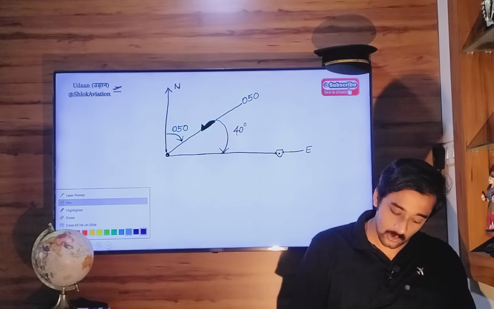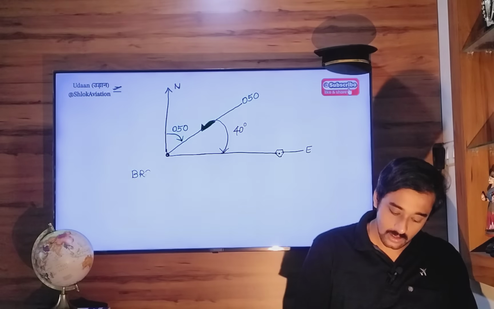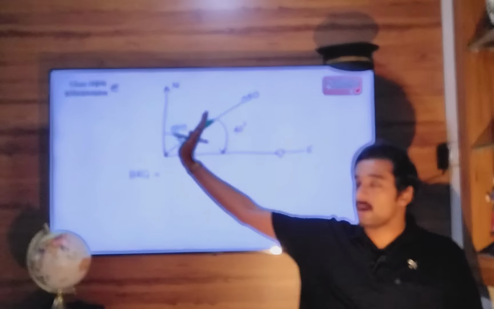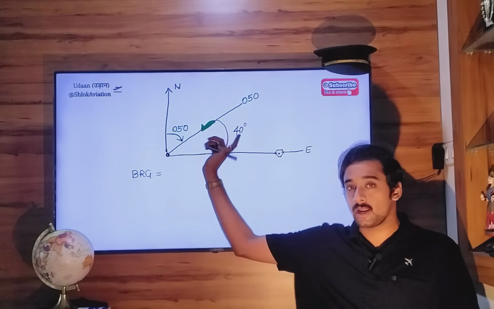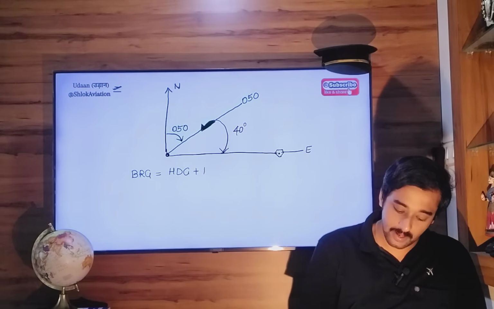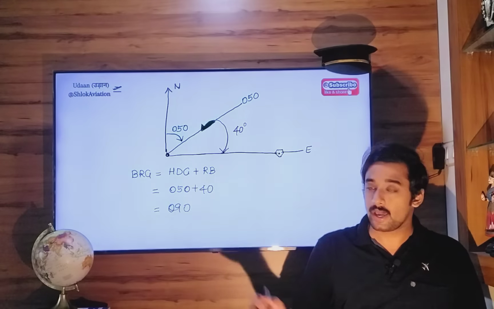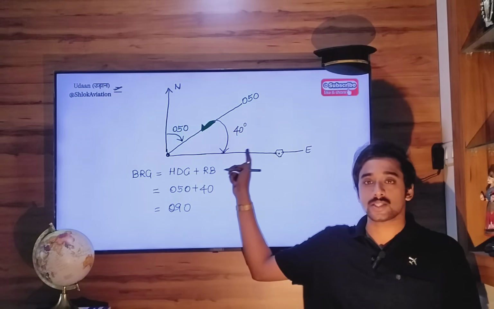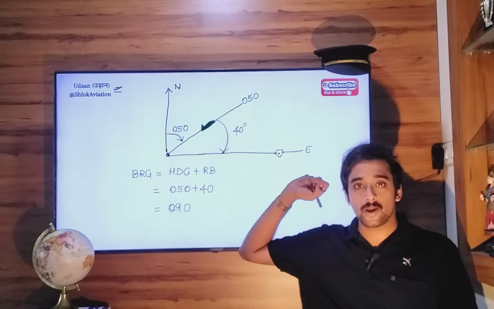The bearing to be flown will be equal to this heading of the aircraft plus this additional relative bearing. So heading plus relative bearing: 050 plus 40 is 090. So your aircraft will start flying 090 towards that VOR station.